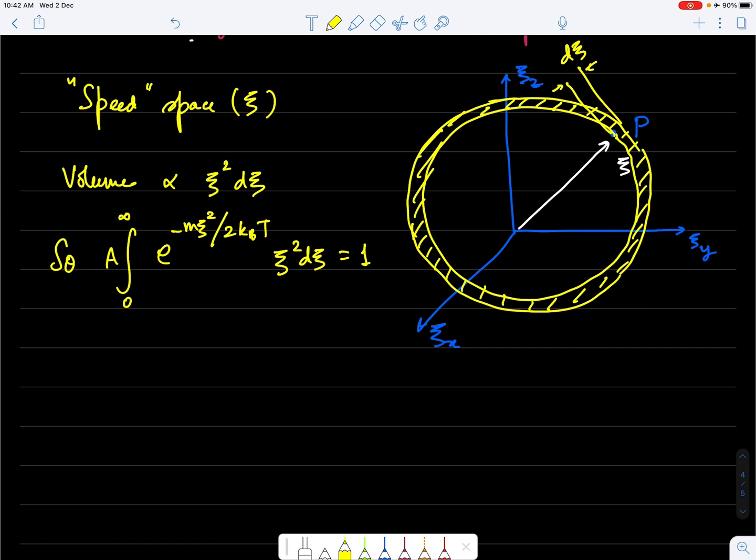And again, going back to the earlier identities, you can prove to yourself that this factor A will come out to be 4 by square root π times (m/2k_BT) raised to 3/2.